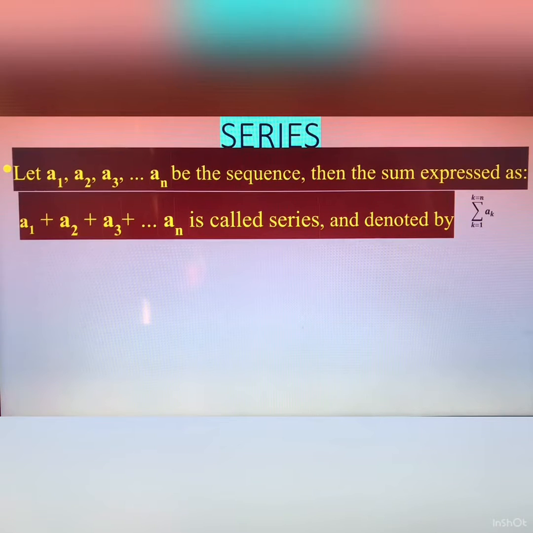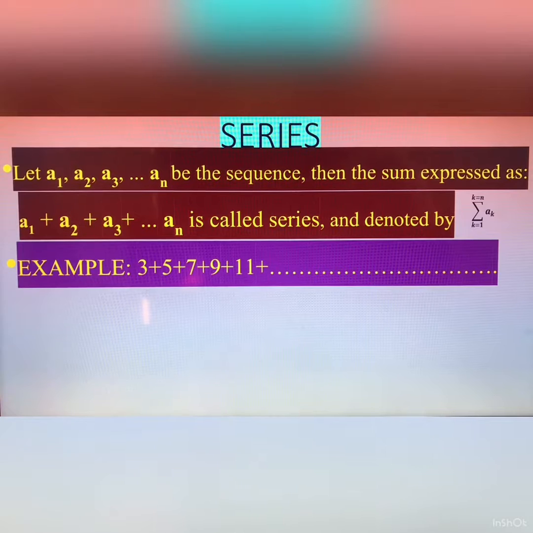So this is the notation of the series. If the terms of the sequence are connected by mathematical operations, then that is called a series. For example, 3 plus 5 plus 7 plus 9 plus 11 plus and so on. So this example is known as a series.